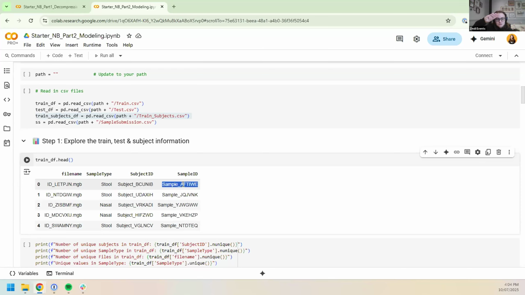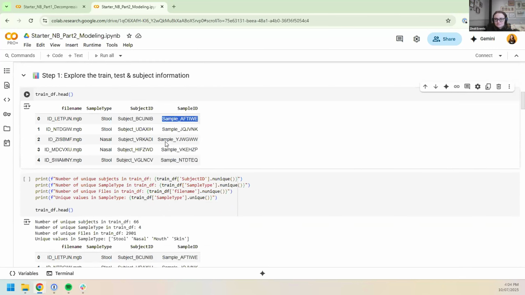So one cytokine references 4 different samples. That took me a while to wrap my head around.